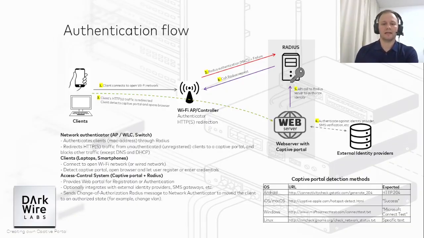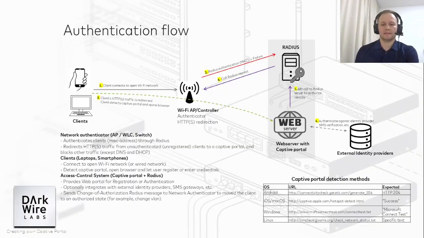First, it tries to authenticate the client through MAC address against the Radius server, just to check if the Radius server already has a record about this client. If that's a new client, the Radius server will not know it, so it will respond with access reject.